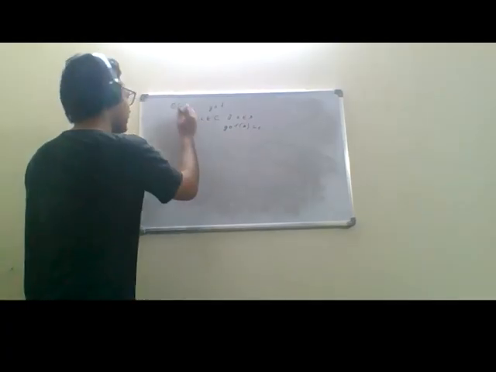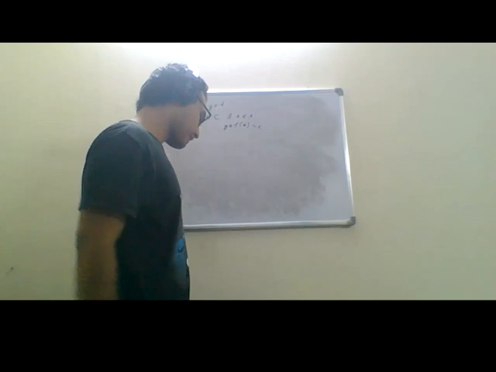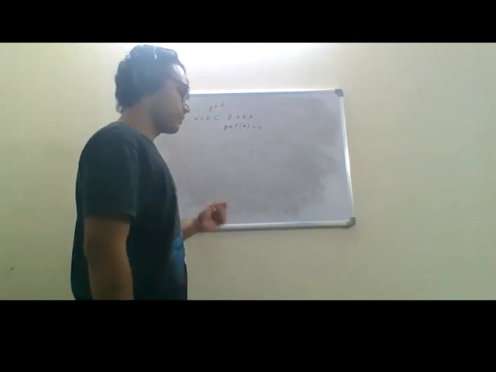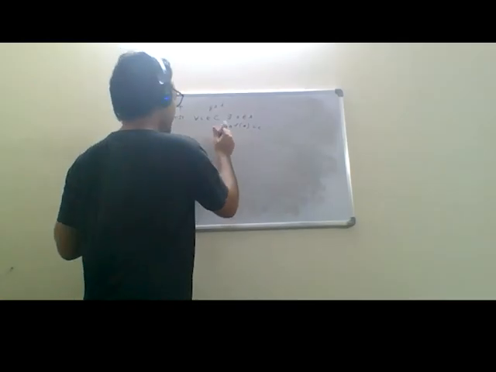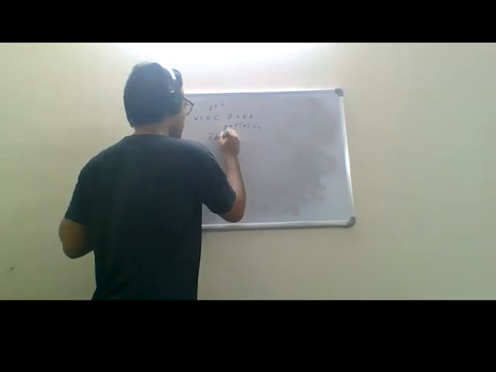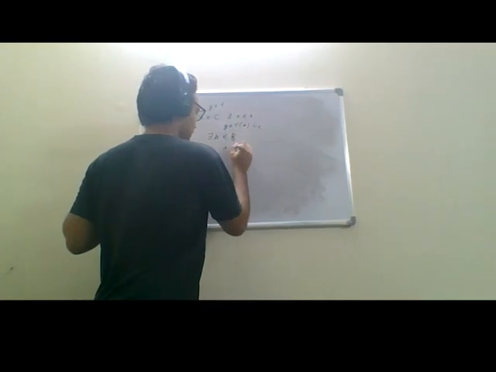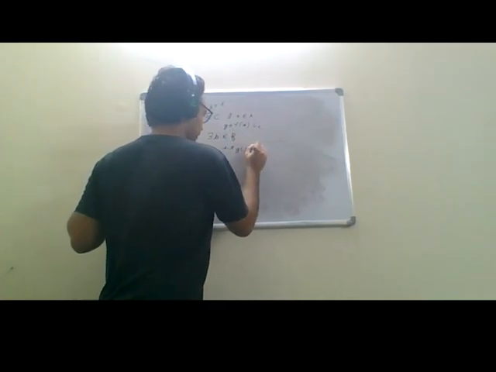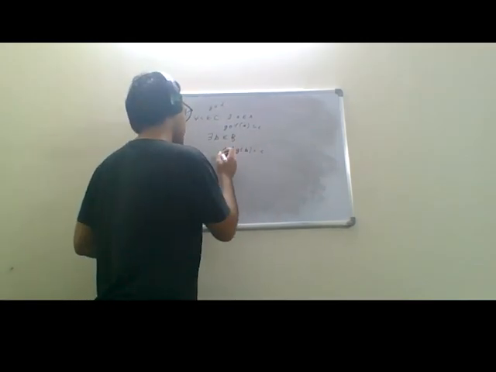Oh, we have to show that, right? To show that given G and F are surjective. So for all C in C, we have B in B such that G(B) is equal to C by surjectivity of G.